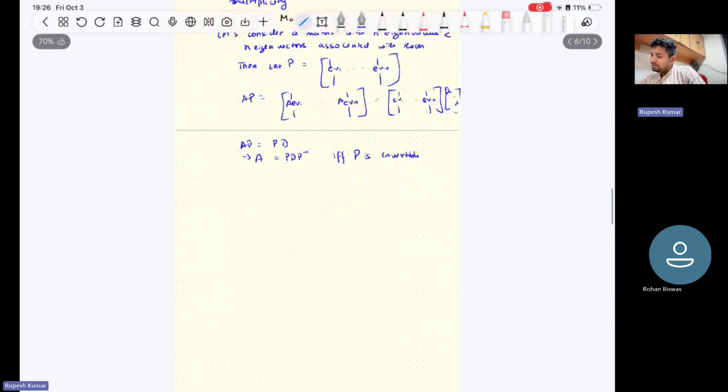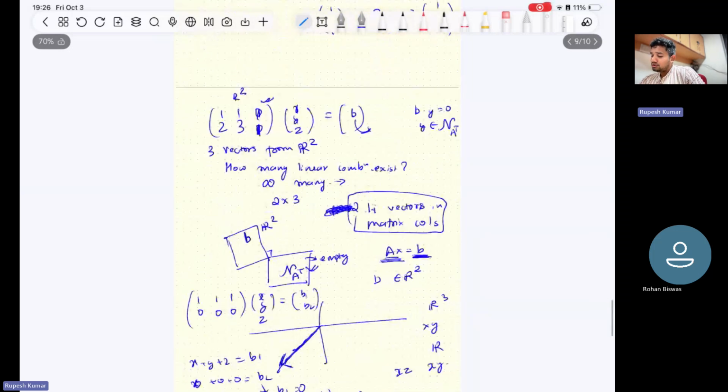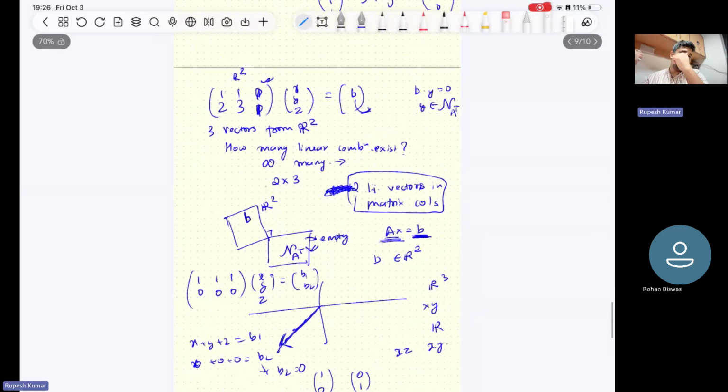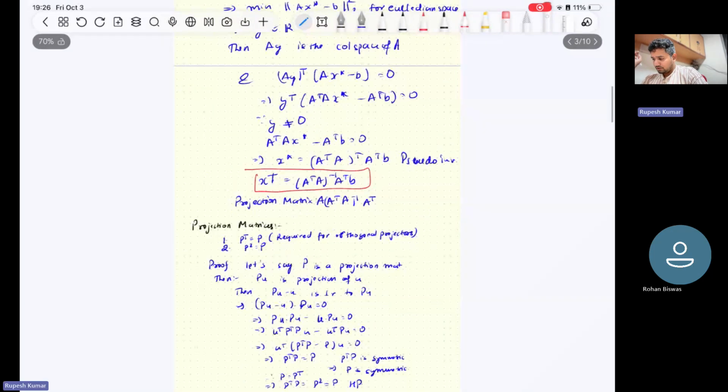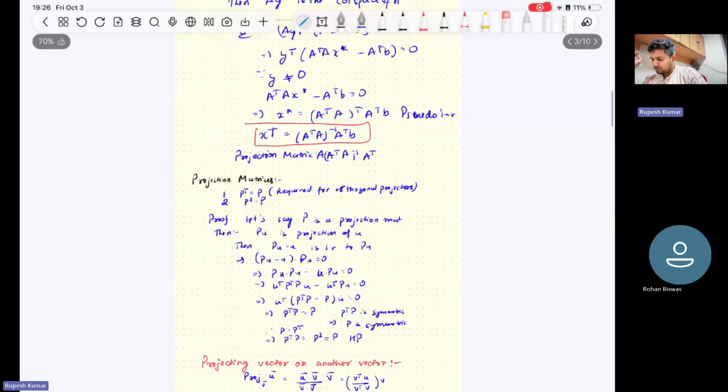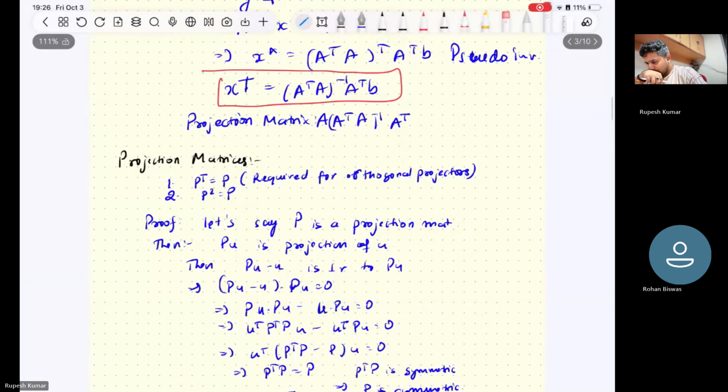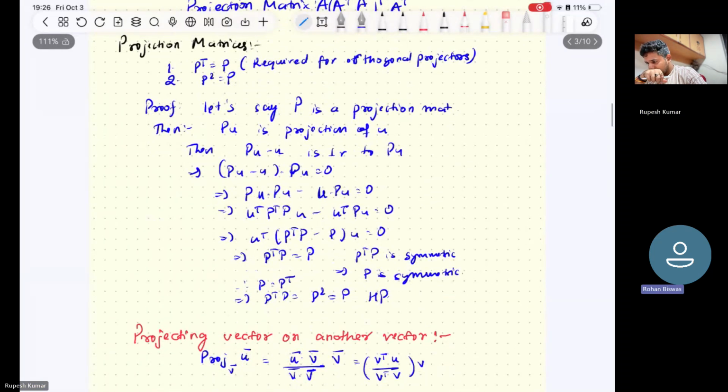Fine. So, this was this. Now, the question is if the matrix is wide, then you need extra information to take the projection because you have infinitely many solutions. Then you need one more condition to define what kind of solution you want, right? So, this is basically what I think has not been covered. Has it been covered in the lectures? I don't think so. No, right?